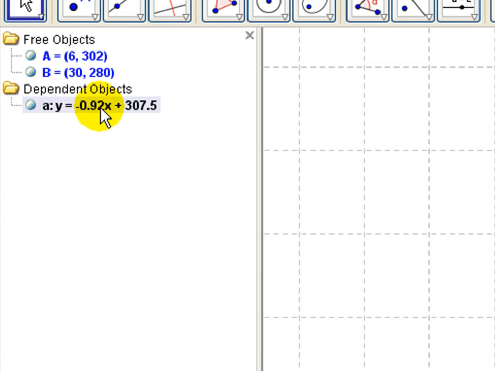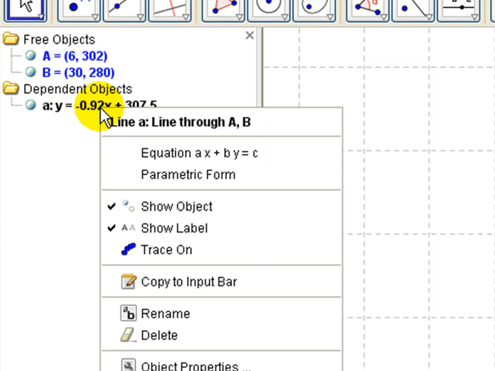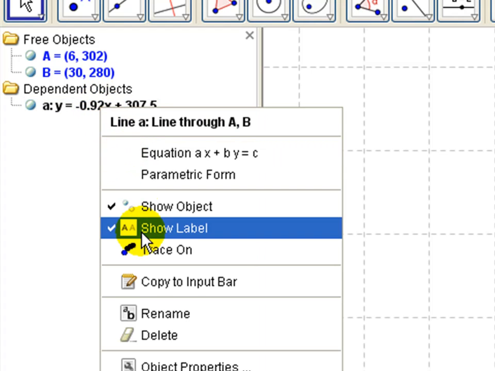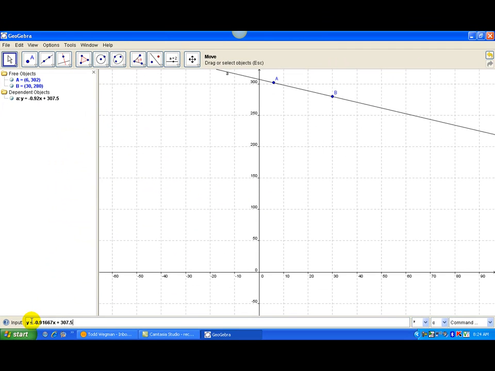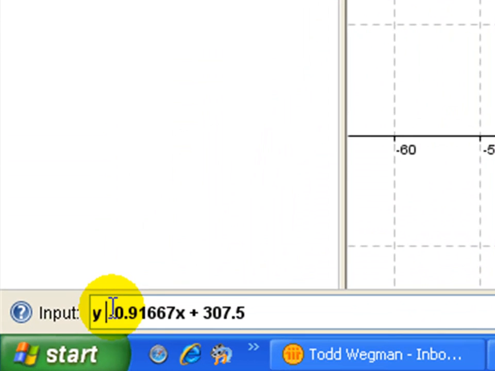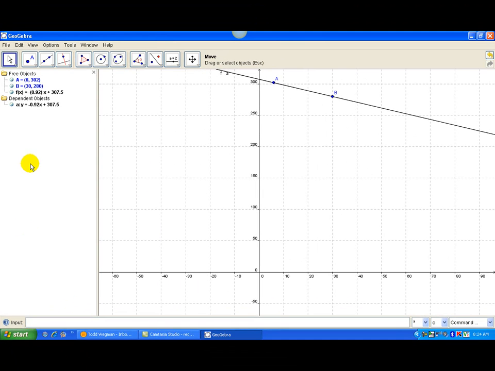A little tip here: I'm going to right-click and copy to input bar. Then I'm going to go down here and type in f of x equals. Okay, so now I have this.